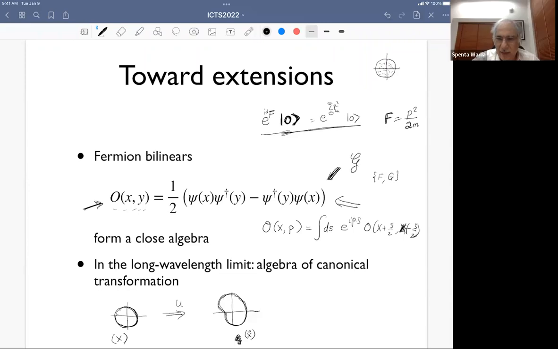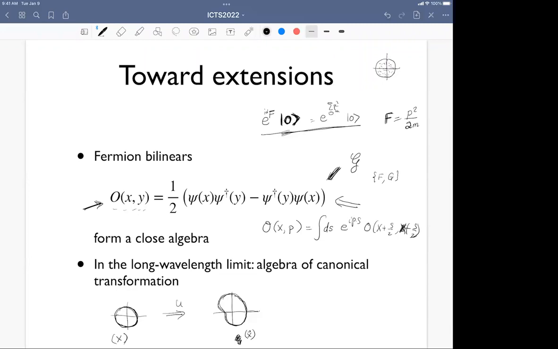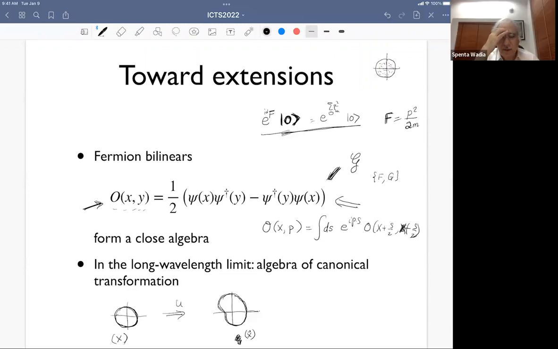So can I say something? Yeah, can I make a comment? Sure, thank you. If you take this W infinity algebra, then that is your algebra of canonical operators. So you can't really distinguish between what is P and what is Q, and that is the whole difficulty.